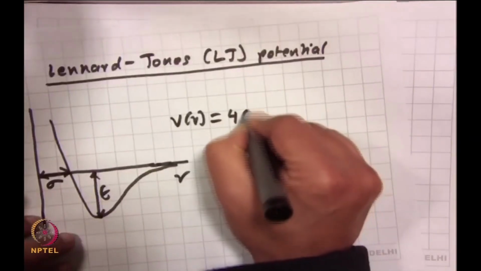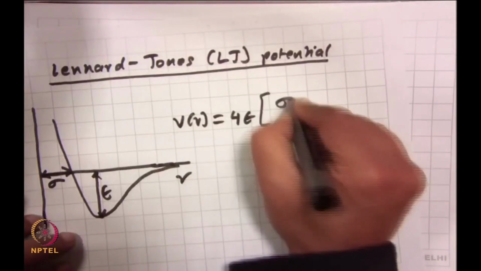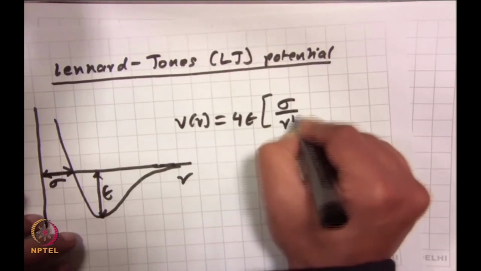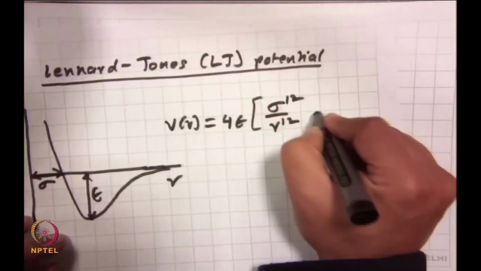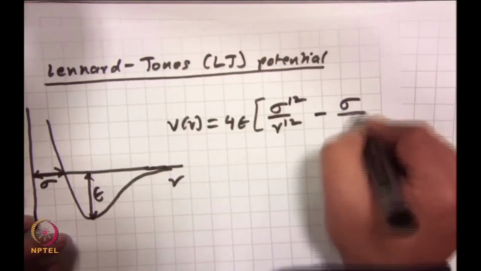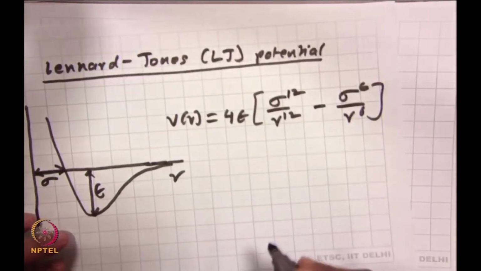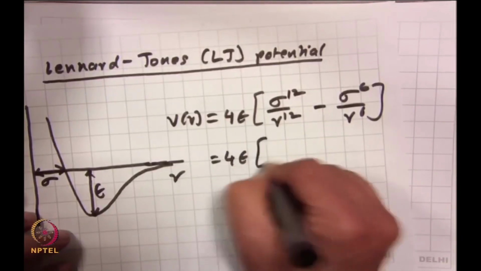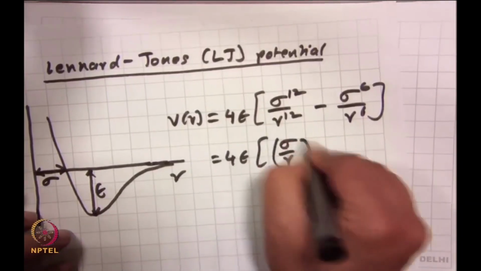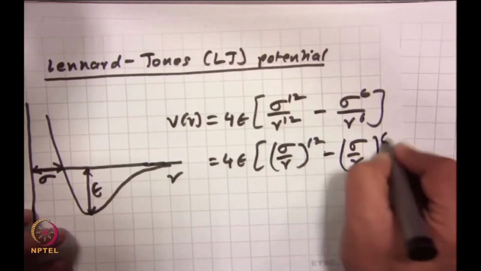4 epsilon, right, then sigma by r to the power 12 minus sigma by r to the power 6.